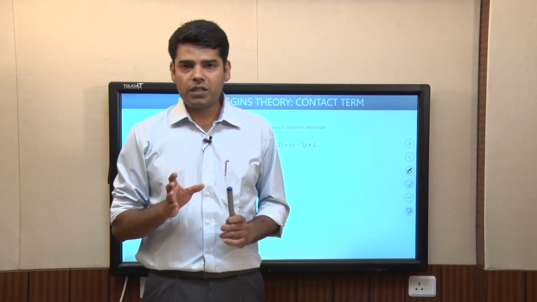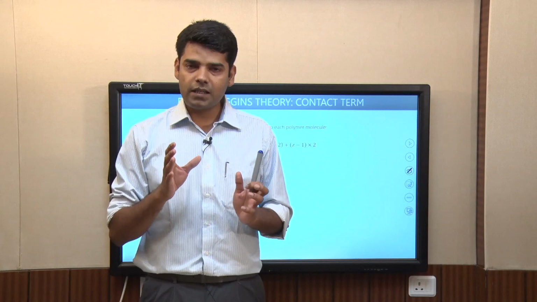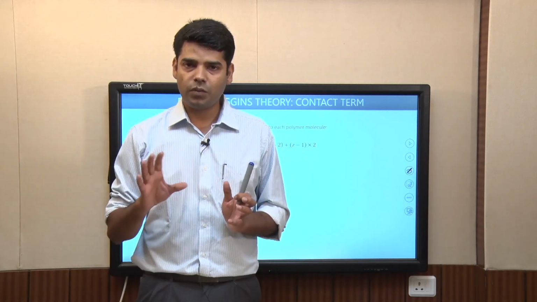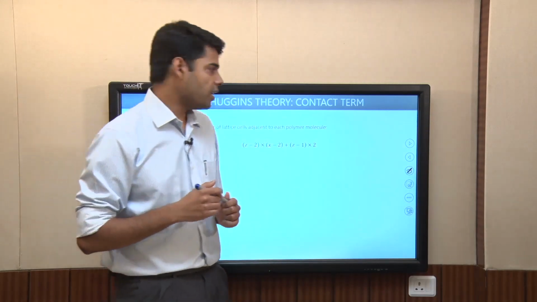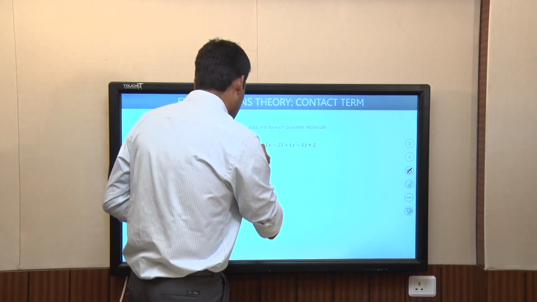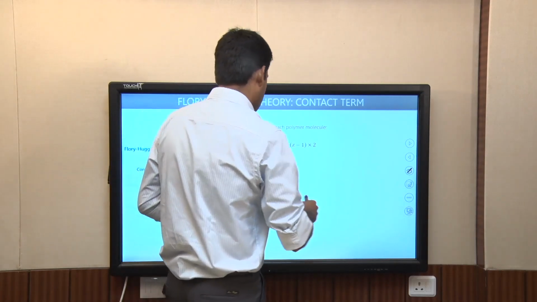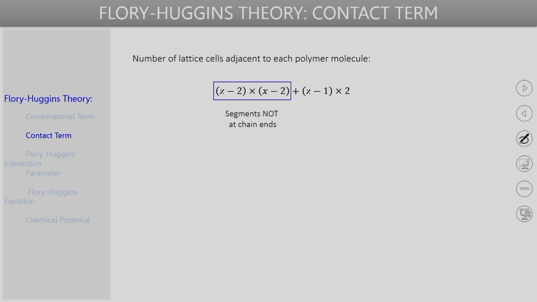For a given polymer chain, if we count the number of lattice cells that are adjacent or neighboring to this polymer chain, then that counting can be done in the following manner. We will have two terms. The first term, this product, corresponds to segments of the polymer chain that are not at the chain ends. So, all the polymer segments which are not chain ends.